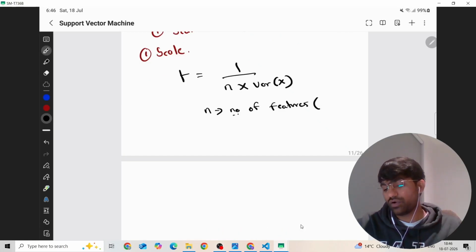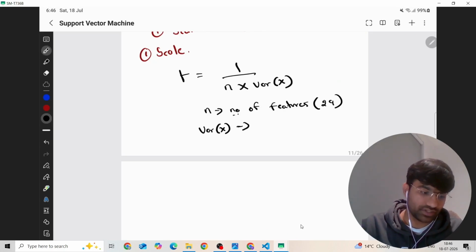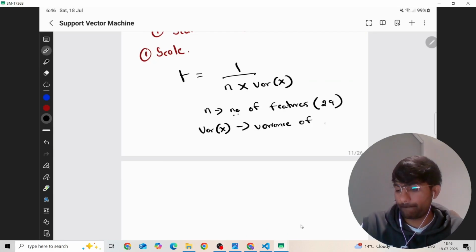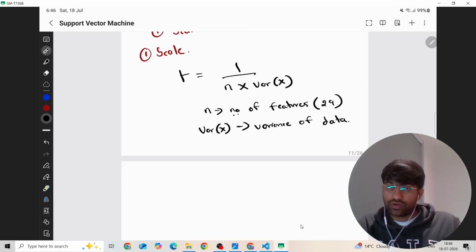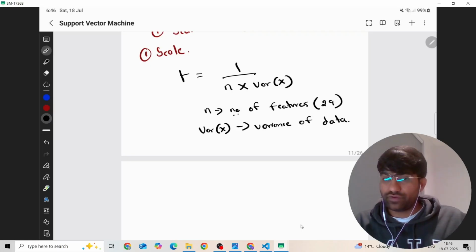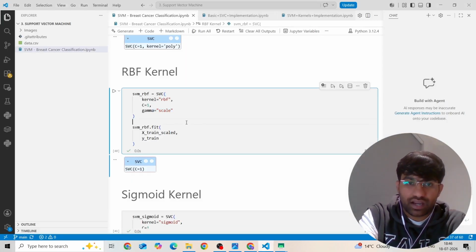We have 30 features, I think. Yeah, 29. One is the target variable, so we have 29 features. And variance of x is the variance of data. This formula is used to find gamma if we specify gamma equal to scale.